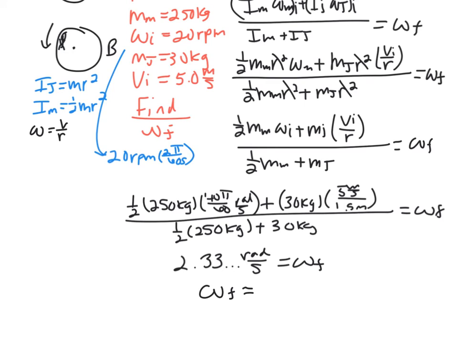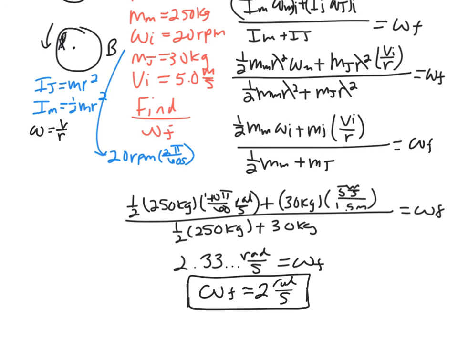So my omega final is about equal to 2 radians per second. And it makes sense because he's running around the merry-go-round. He's not initially at rest, so he is adding his angular speed to the angular speed of the merry-go-round, so it's going to make it go faster because they're going in the same direction.